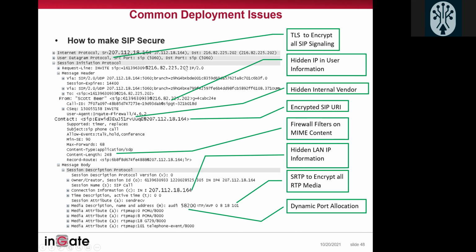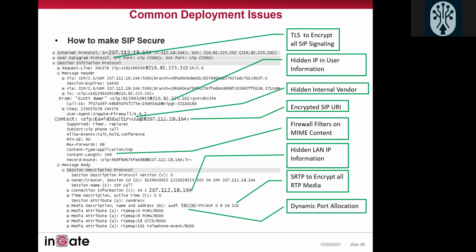So the Ingate is going to look at the request and say, okay, I'm getting an invite, and I can see the domain they are sending the traffic to is in my DNS override table, because the name that comes here instead of the 216.82.255.202 is going to show G01 separator.engagelabs.com.